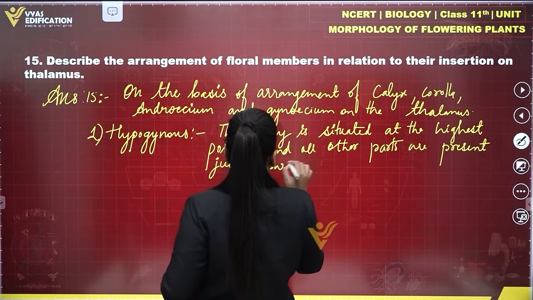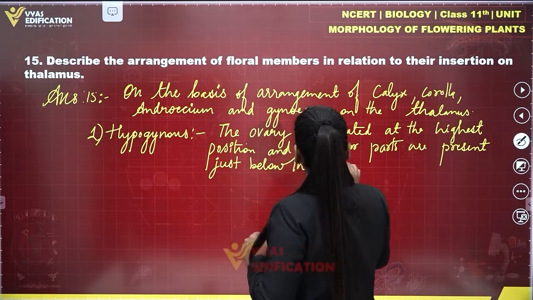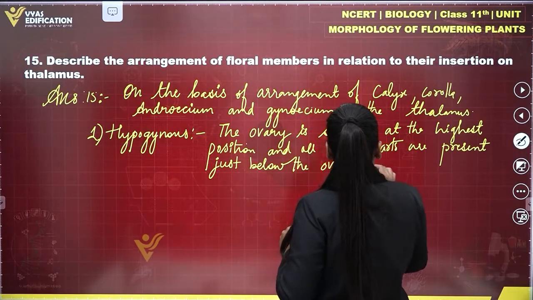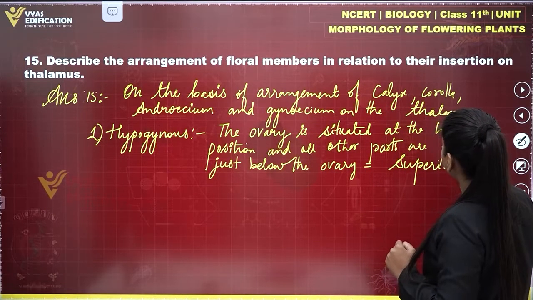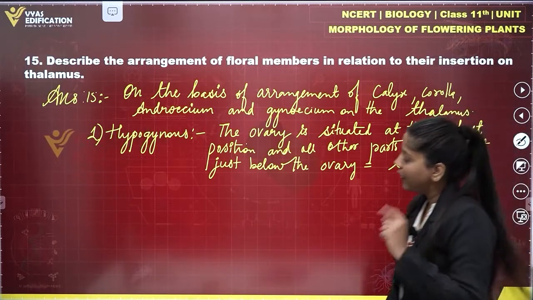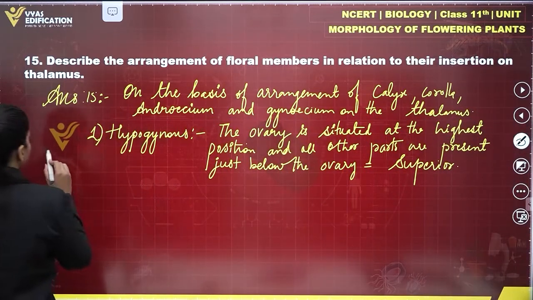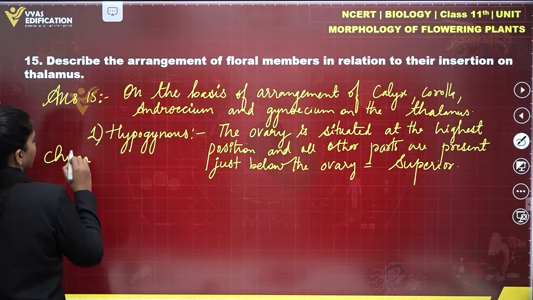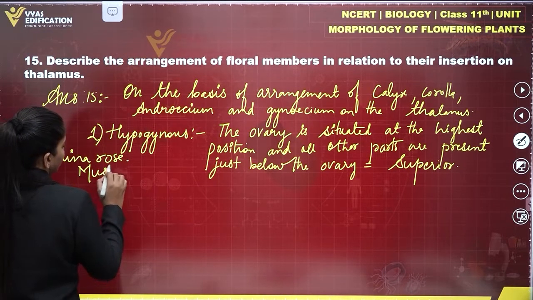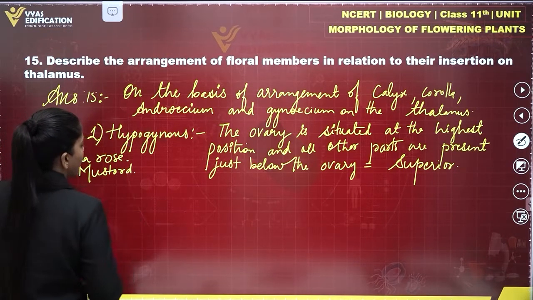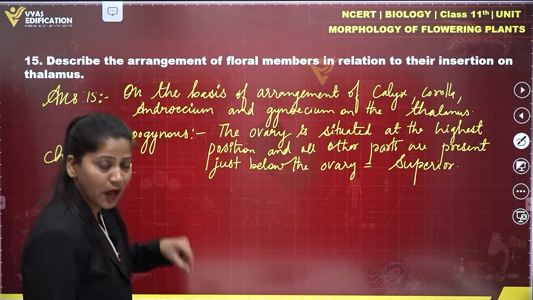The ovary in this case is said to be superior. For example, we have China rose and mustard. China rose and mustard are the examples of hypogynous flowers.